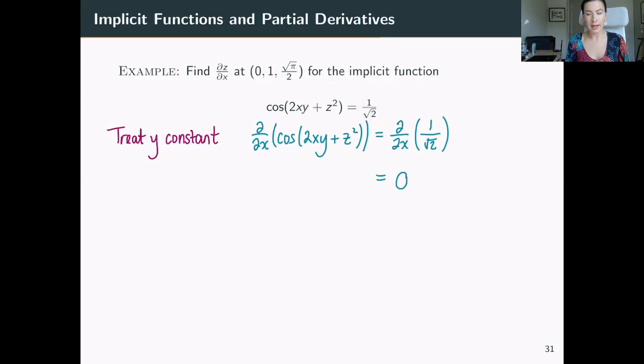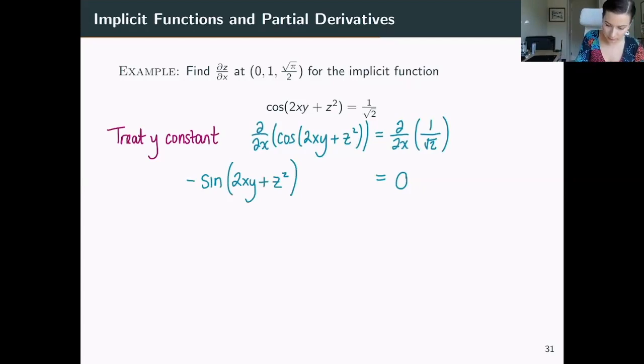On the other side, we take the derivative as we normally would. We have to use the chain rule. So the derivative of this, we would get negative sine of, keeping the inside the same, 2xy plus z squared, times the derivative of the inside.